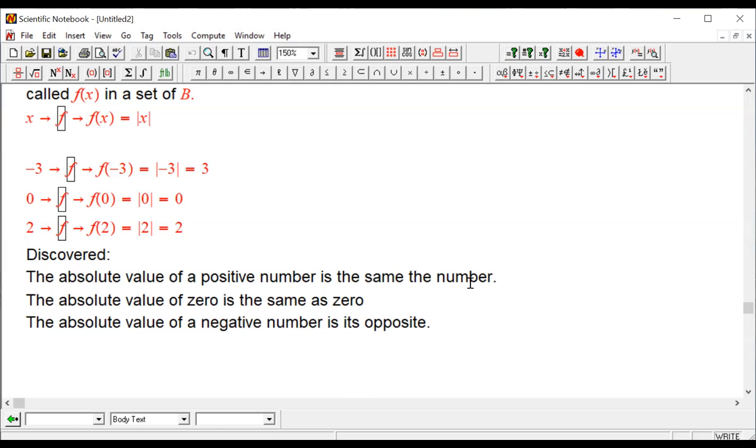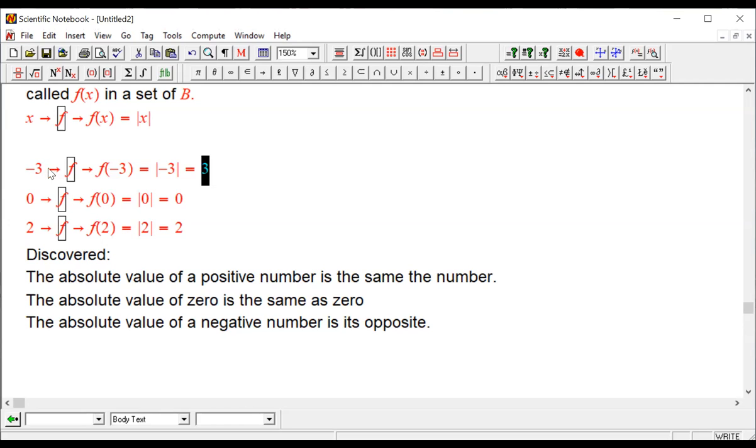If you have a hard time understanding this, you may like to pause the video and think about it. In the case of positive input, we get the same output. In the case of 0, we get 0. In the case of -3 as input, the output is 3, which is the opposite of -3.